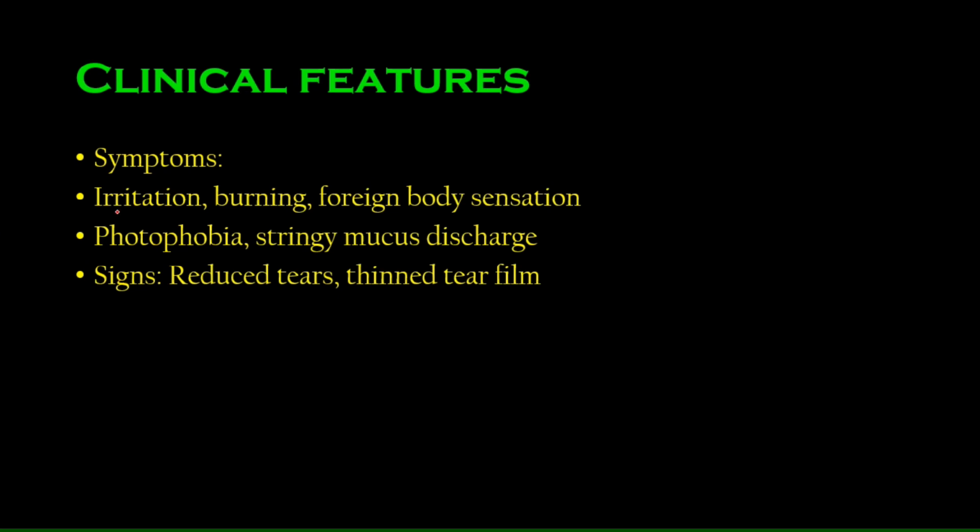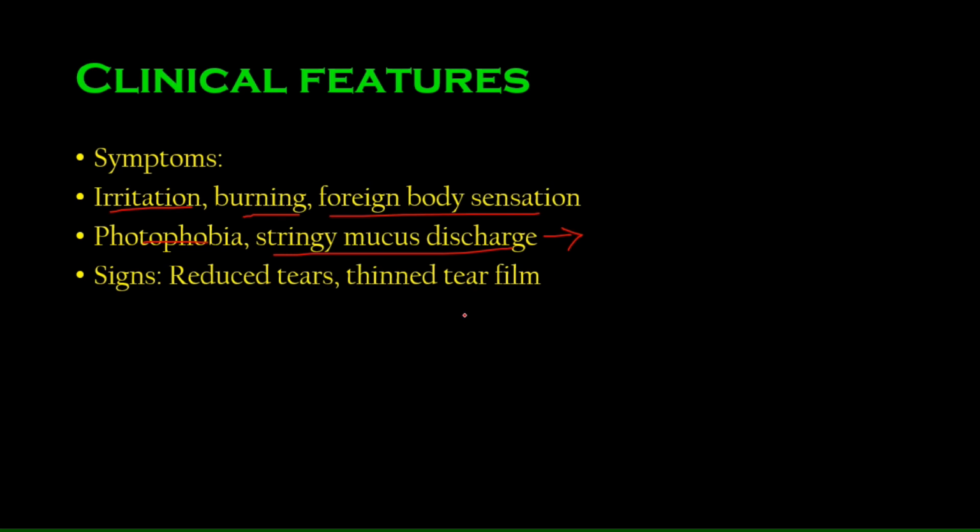Clinical features include irritation, burning, foreign body sensation, photophobia, and stringy mucus discharge. Stringy mucus discharge is a kind of discharge like when you dip your finger in honey and pull it out, and it drops in the form of long strings.